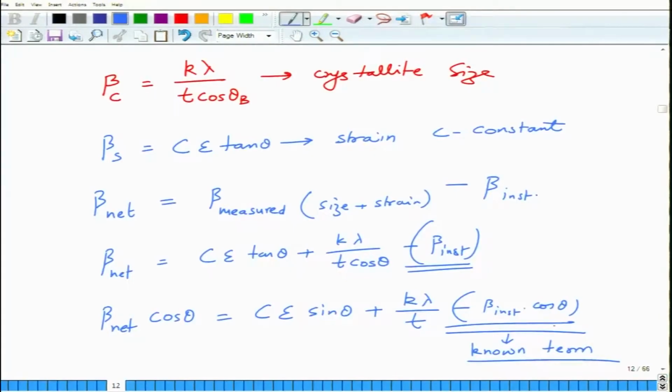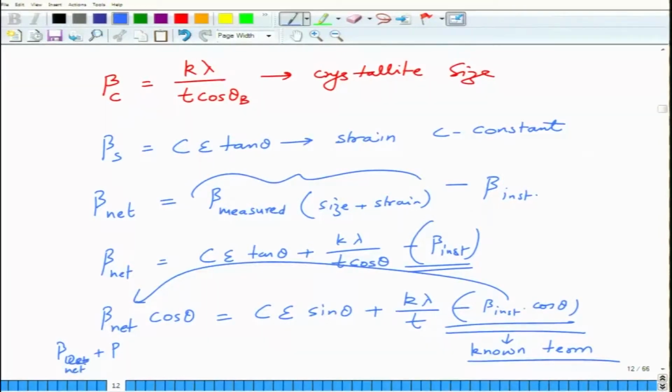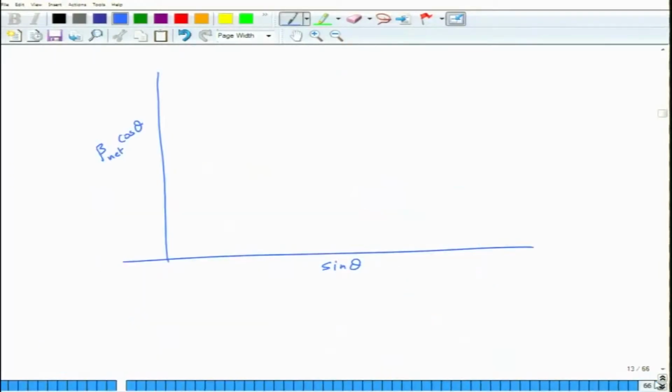Taking the instrument term to this side, this becomes beta observed cos theta equal to C epsilon sin theta plus k lambda divided by T. If I now plot beta cos theta as a function of sin theta, I should get a straight line for various theta values.